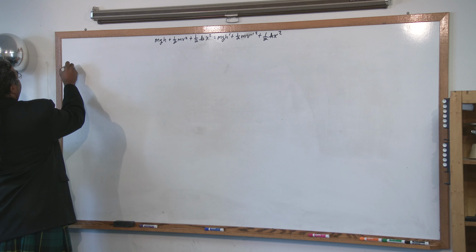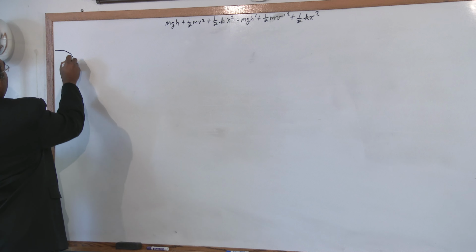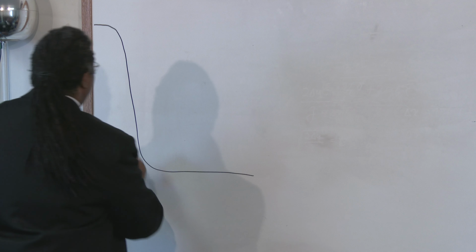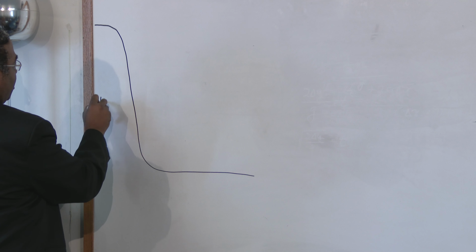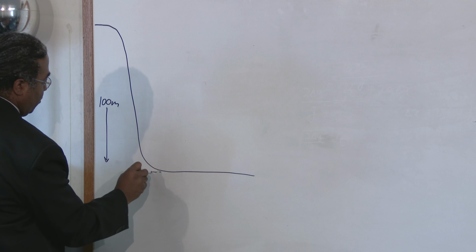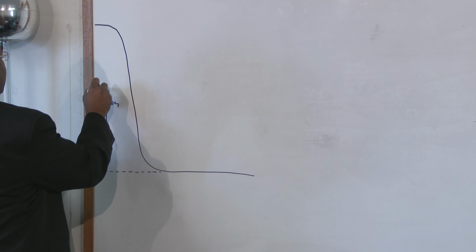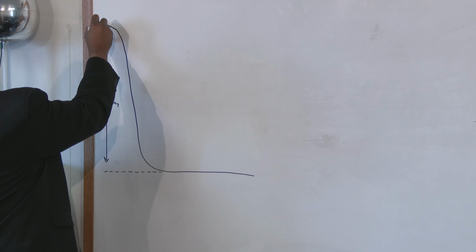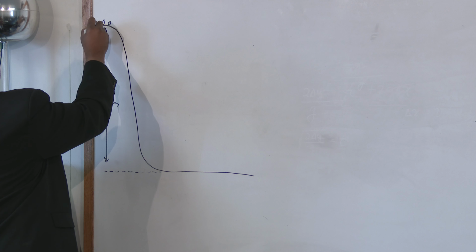Let's just say a traditional conservation of energy problem is a roller coaster. So let's say that we have a roller coaster that's 100 meters high from the ground, like this. And here's the roller coaster cart up here.